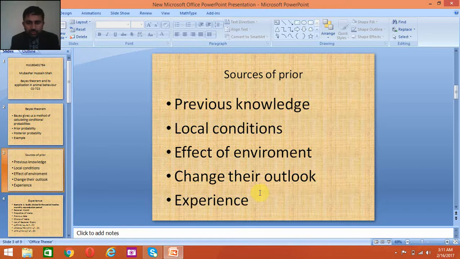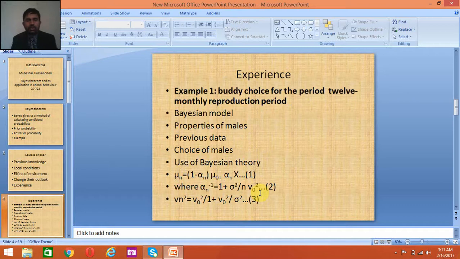So let's see. We are interested in calculating some examples from a biological point of view. I am going to discuss my first example, that is mate choice for the period of 12 monthly reproduction period. For such purpose, the Bayesian model plays an important role for studying animal behaviors.